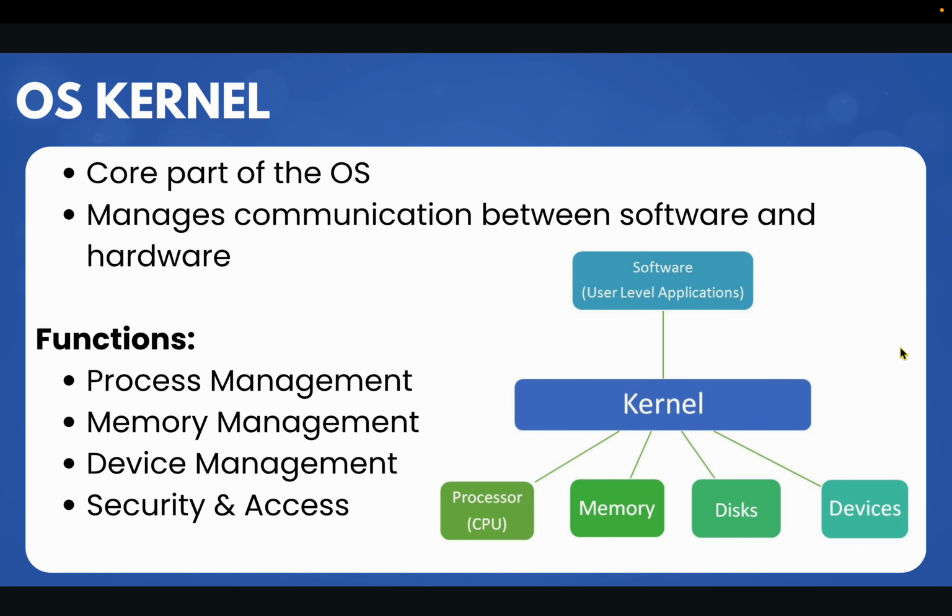The kernel is responsible for connecting the hardware to the software, and it's basically going to connect each one to each other. So this is going to be responsible for that original OS functionality that I was mentioning earlier in the first slides. So your process and memory management, as well as device management, for example, what type of devices are connected to your computer, as well as your security and access. So the kernel is basically the communication between the hardware and the software.